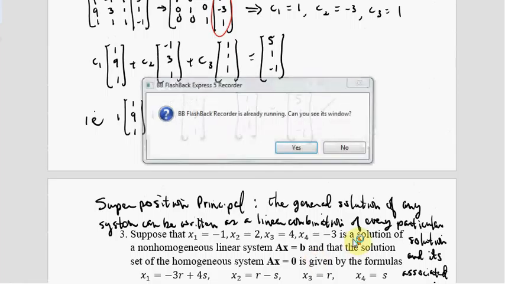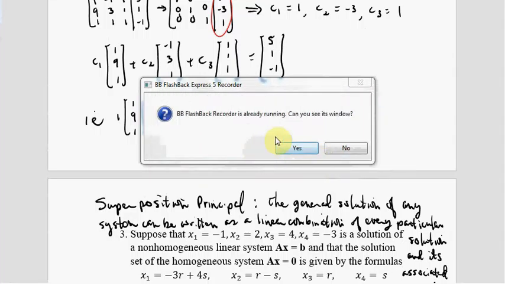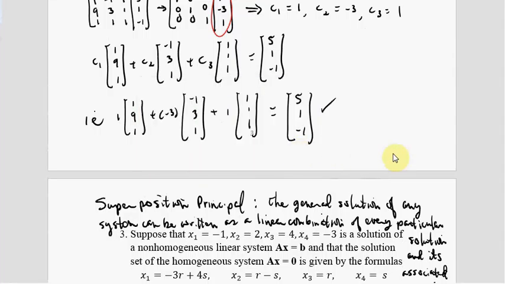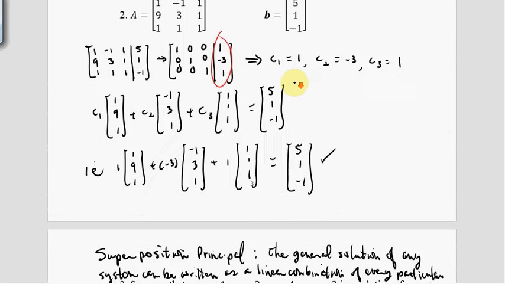Here's an example. You see this matrix A is a system. Here B is 5, 1, negative 1. For each B we get a different solution.